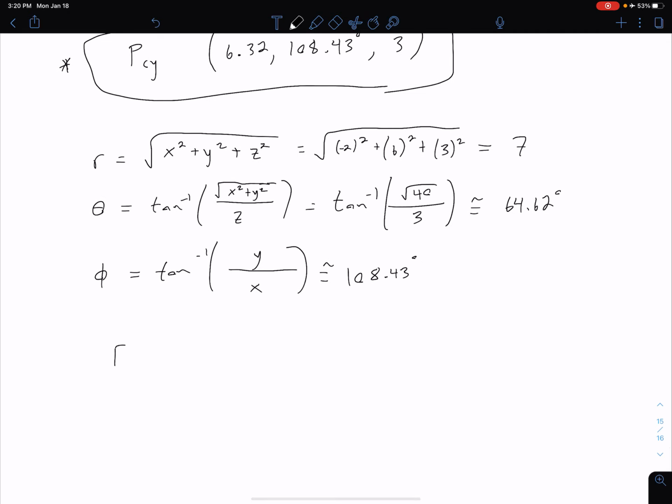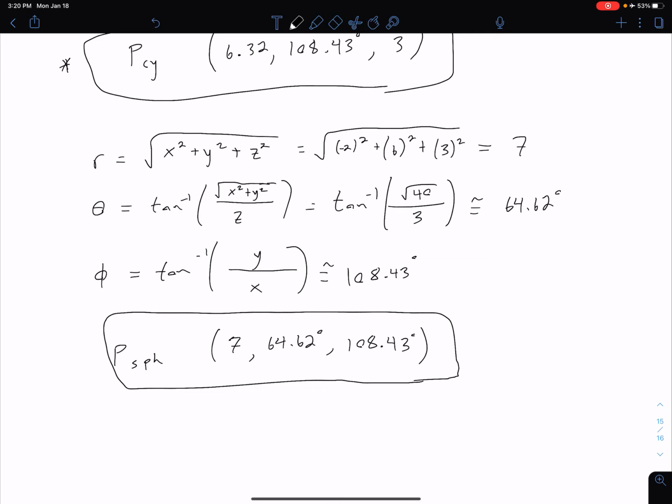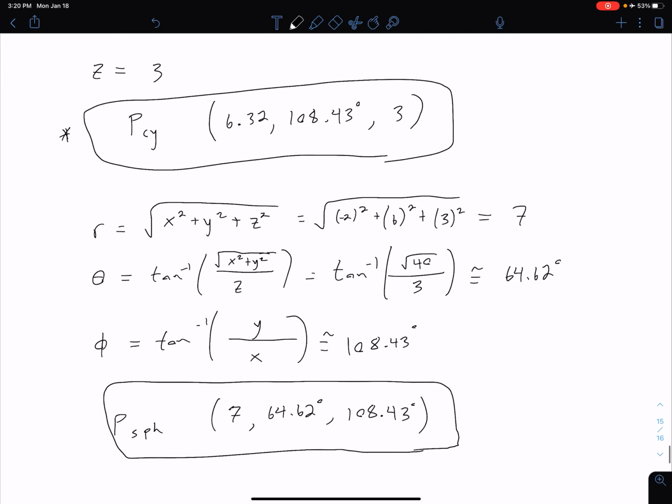So then our point in spherical coordinates, P sub SPH, is (7, 64.62, 108.43 degrees). That's how we would do our point-to-point transforms. Of course, we could confirm by doing a point-to-point transform one way or the other between these two, and we should get roughly the same thing, particularly if we're using stored values for these approximate angles or magnitudes.